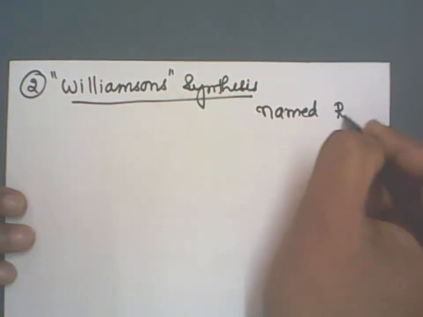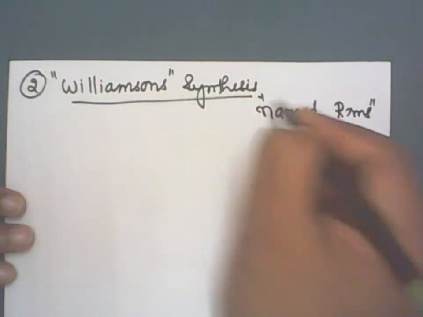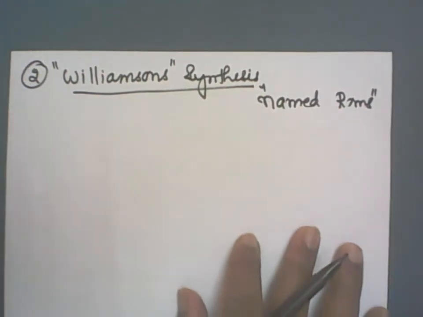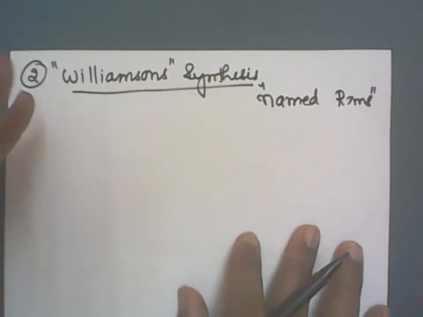Remember, in organic chemistry there are many named reactions. To tell you a few, like the Wurtz reaction, Kolbe's reaction, Wurtz-Fittig reaction, Reimer-Tiemann reaction. All these are names of scientists, so they are called named reactions.